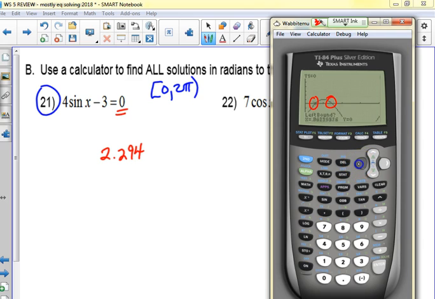You have to go a little bit to the left of it, a little bit to the right of it. Oh, and I'm on the wrong equation. If I want to find this one over here, I could say it's somewhere between 0 and 1, maybe. I have no clue.